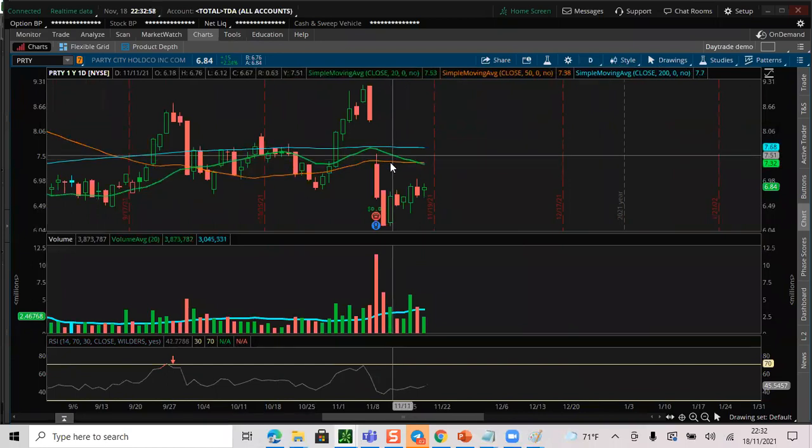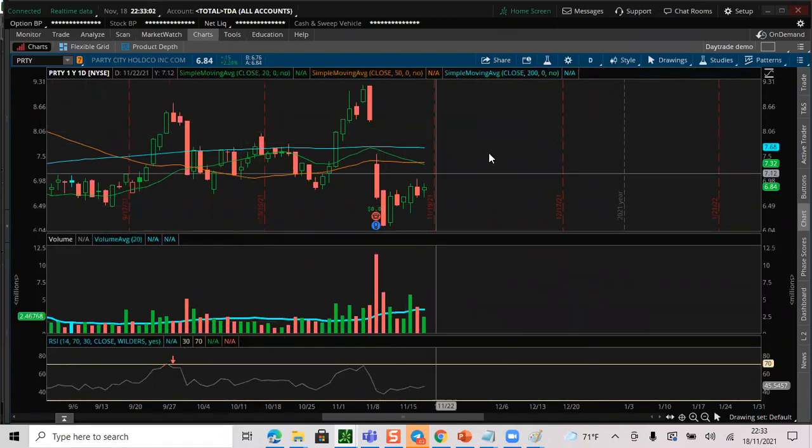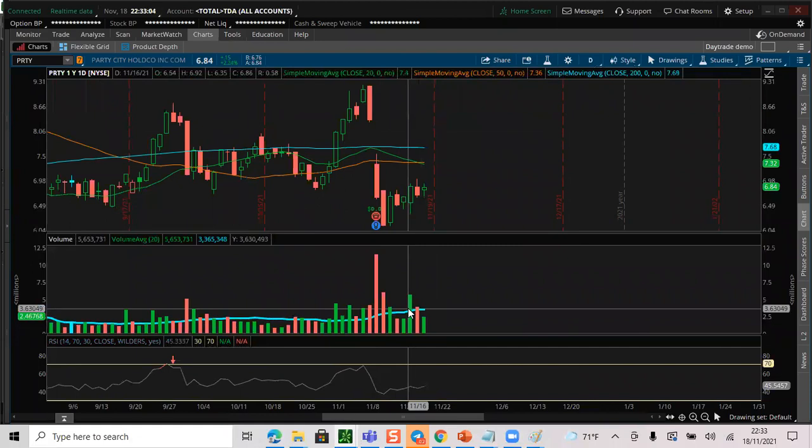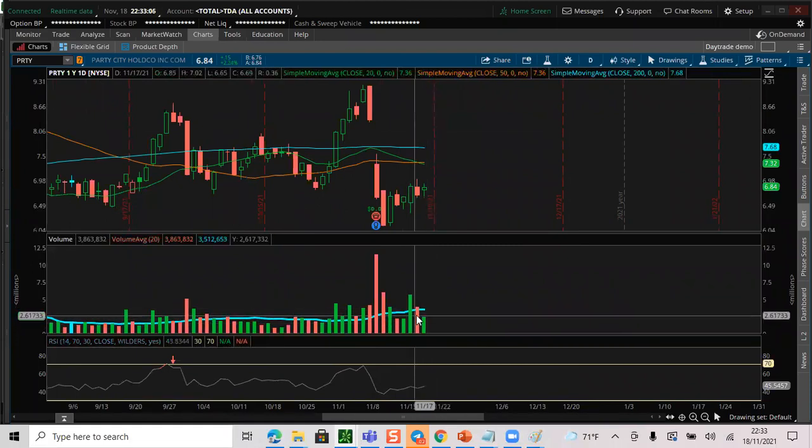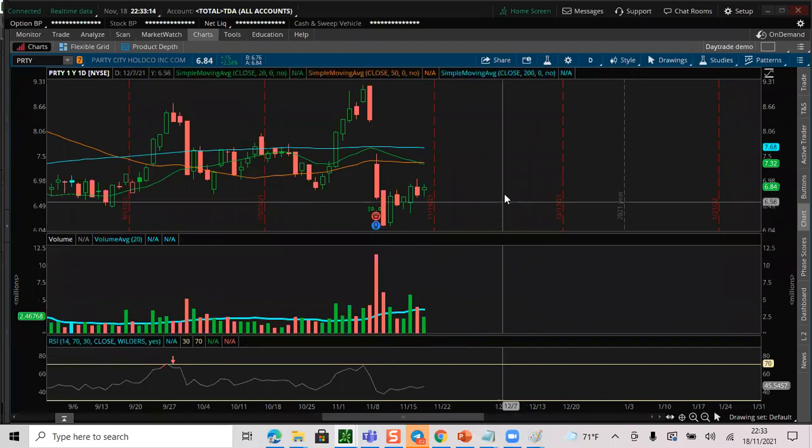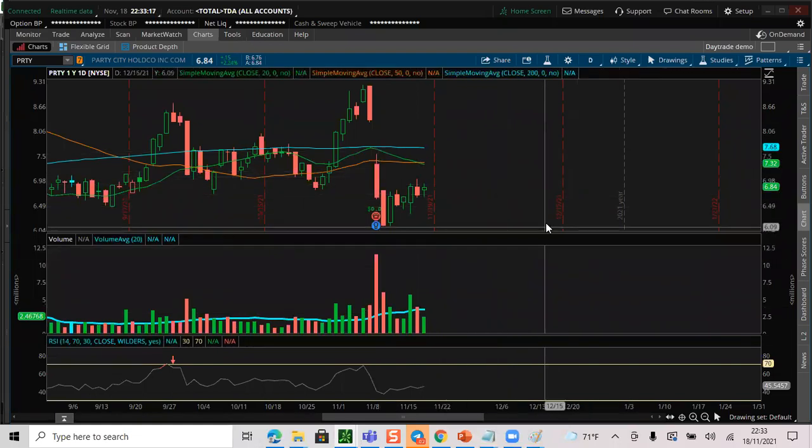I want both 20 and 50 to go above the 200. Okay, so that is a strategy I use. Again, I also watch out for volume. Continuously, at least for a couple of days, I want to see it right above. You can use this for a swing strategy for long term.